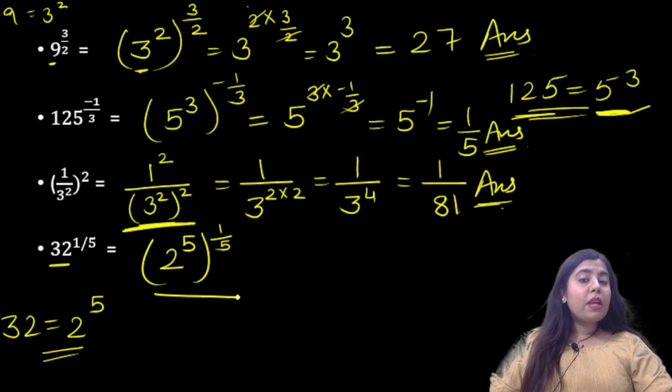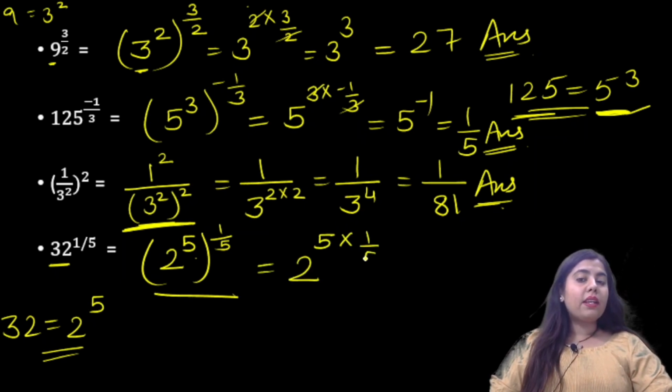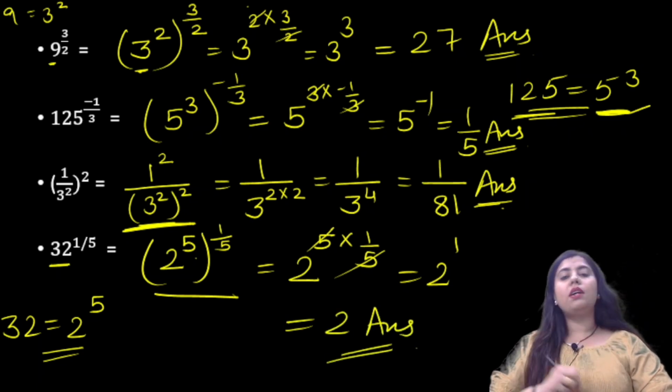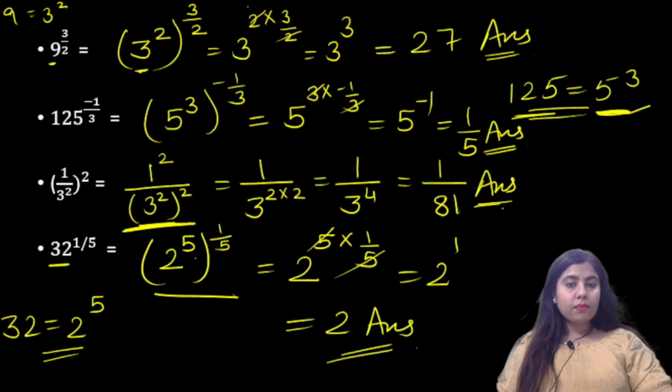Now it is again of type a raised to the power m raised to the power n, so it is equal to a raised to the power m multiply n. Now 5 and 5 will get cancelled out. It is equal to 2 raised to the power 1 and it is equal to 2. This is our answer. Clear?